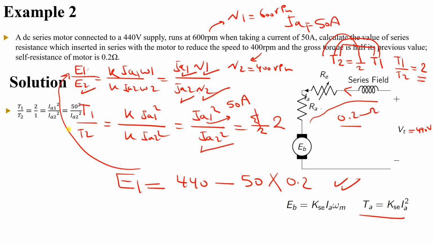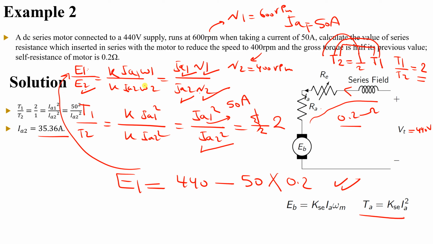That's why T1 over T2 equals 2. So I armature 1 squared over I armature 2 squared equals 2, that is 50 squared over I armature 2 squared. From here we can get I armature 2, which is 35.36 amperes.